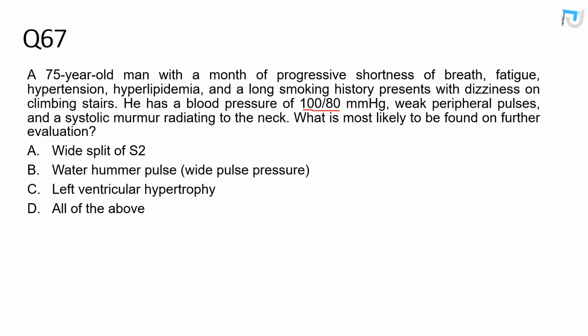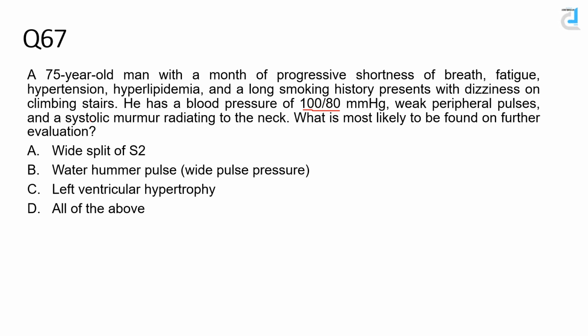And mostly it will be aortic valve stenosis because of the decrease in systolic pressure, meaning the valve is not opening for the blood to be ejected out. So the pressure will be low during systole. A systolic murmur is also heard here, and this murmur is radiating towards the neck.